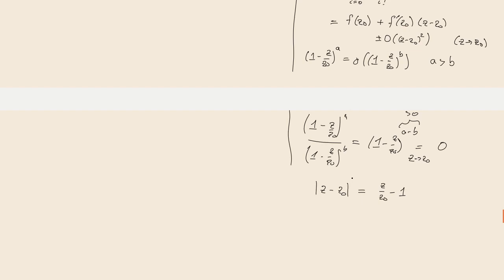So if you take this to some power a, that's the same. You just have to pull out the c0 that way. And then you can also write it the other way around. And this is only a constant, so in terms of O, it's the same in terms of theta.